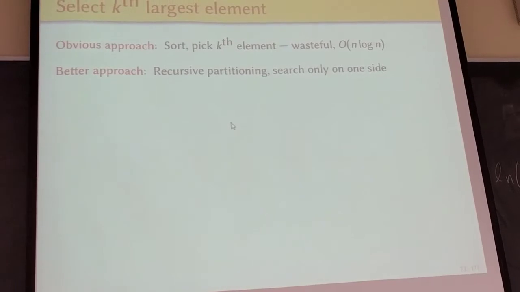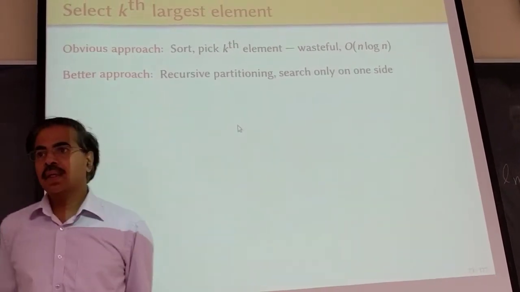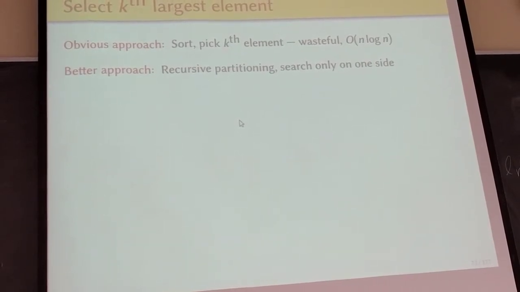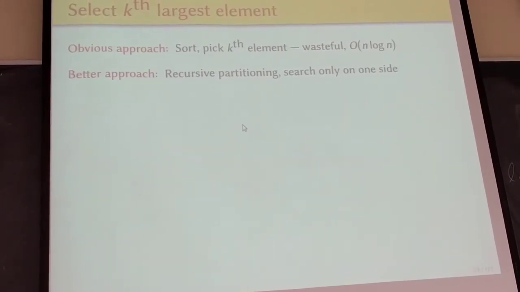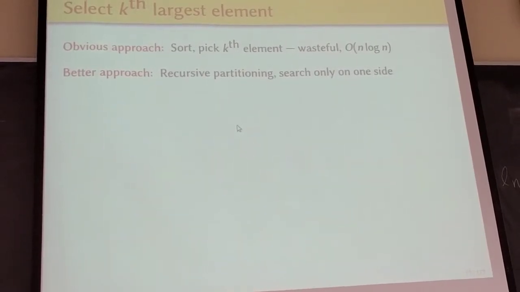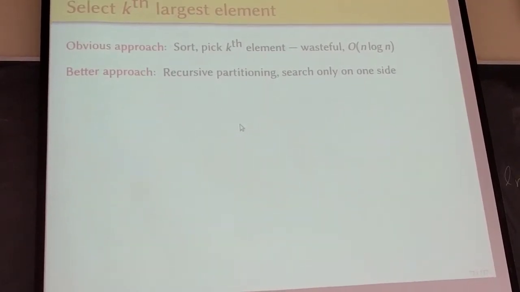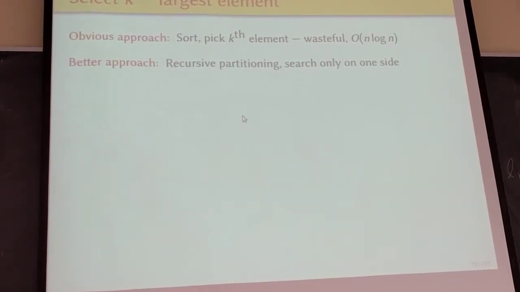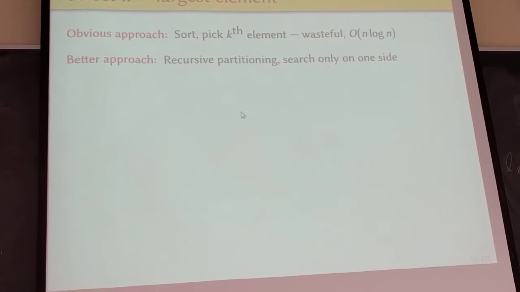So now we will talk about a problem that's related to sorting, which is selection of the kth largest element. Let's very quickly summarize what we have done so far. We talked about various sorting algorithms. Comparison-based sorting algorithms have an n log n lower bound.